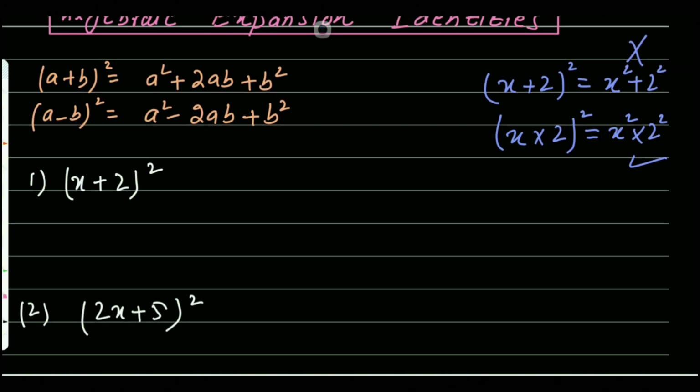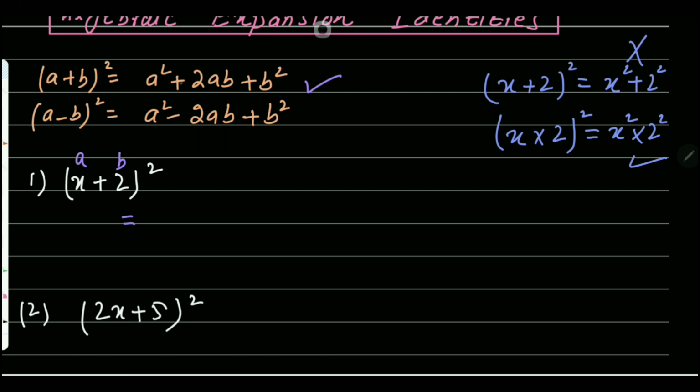So let's solve a question: (x + 2)². How will we solve it? x is a and b is 2. So this becomes (a + b)², and you will use identity number 1. How will you open it?